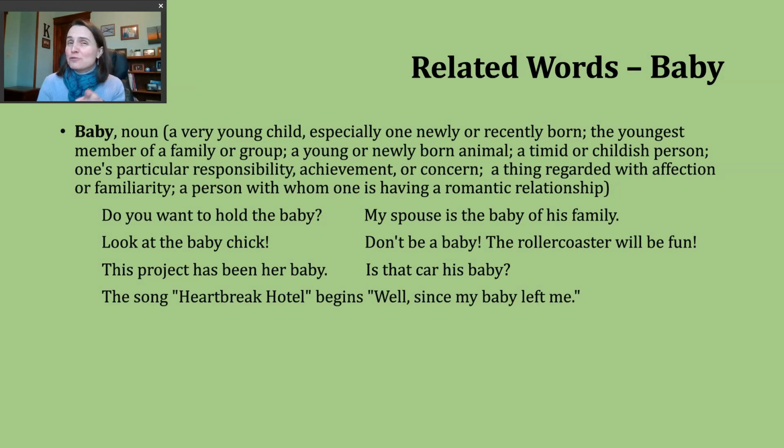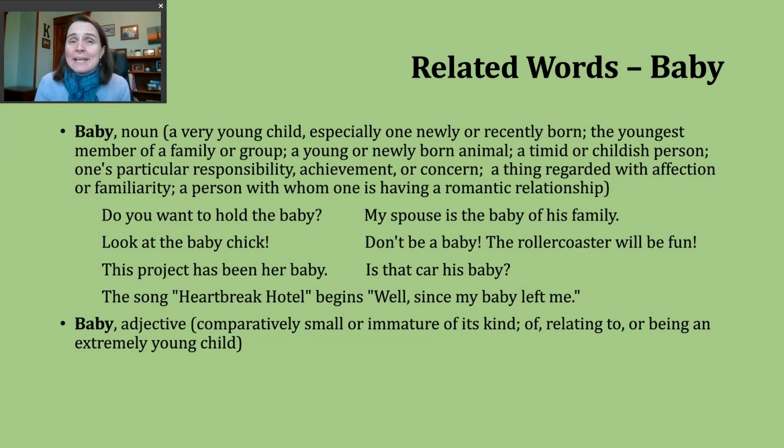You'll also notice it frequently in songs. So an example of that, the song Heartbreak Hotel by Elvis begins, well, since my baby left me, right? So what they're talking about there is a significant other, a person with whom he was in a relationship with.